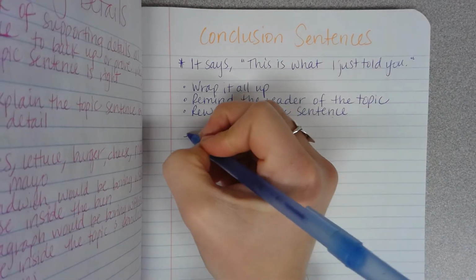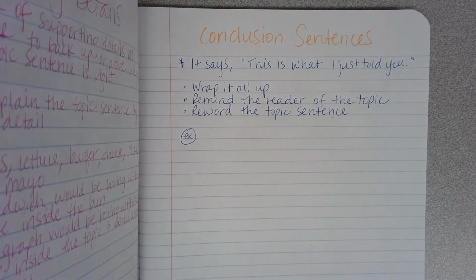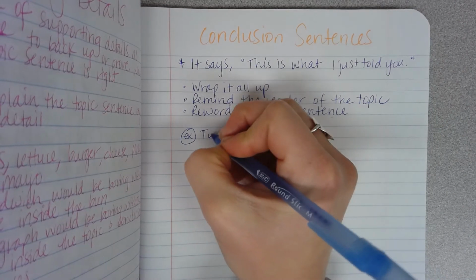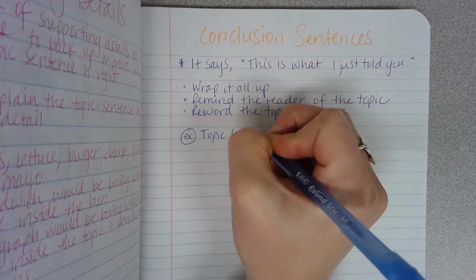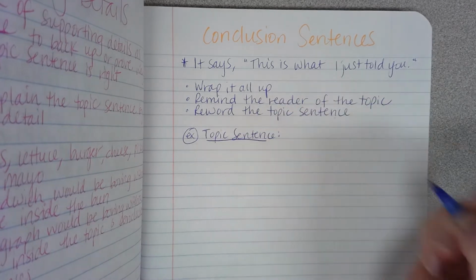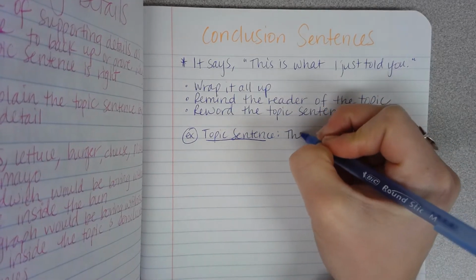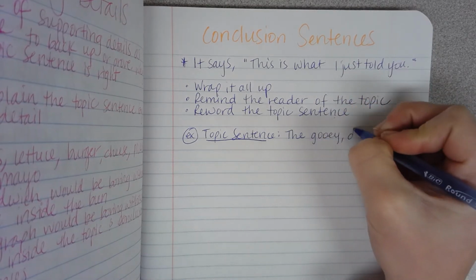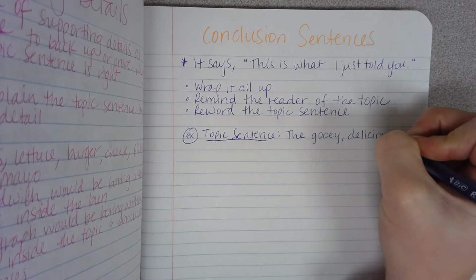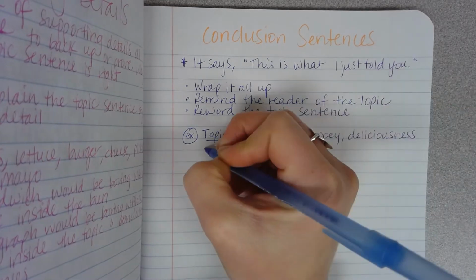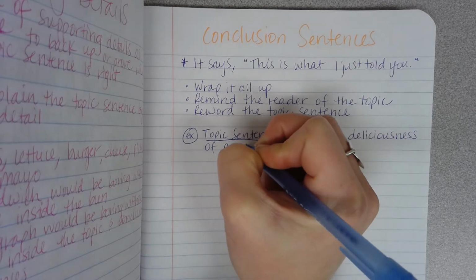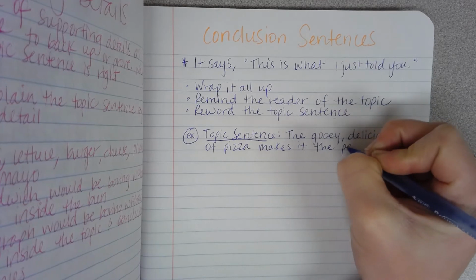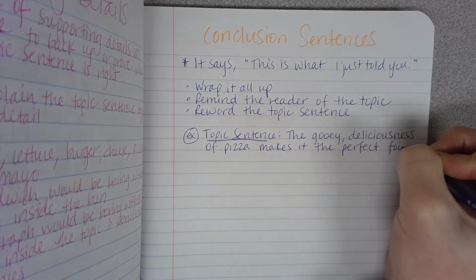So here's an example of a reworded topic sentence and conclusion sentence. I have a topic sentence of this, and let's say I was writing a paragraph on it. My topic sentence for the paragraph is: The gooey deliciousness of pizza makes it the perfect food.